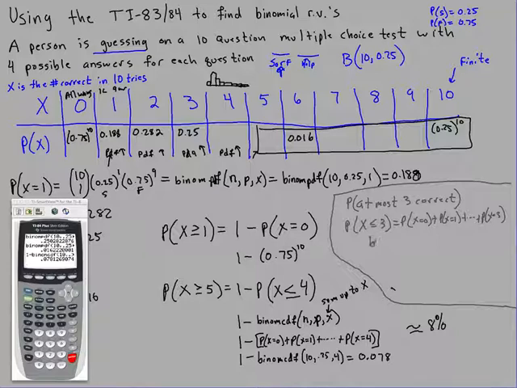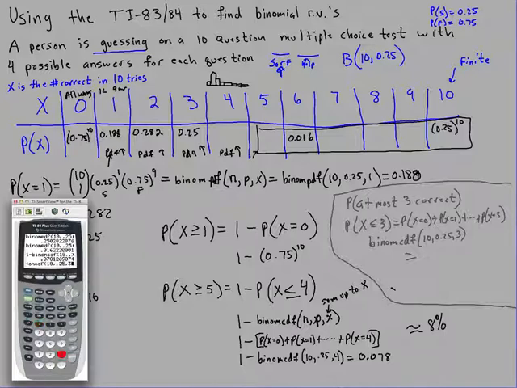So this is going to be binom CDF 10, 0.25 and 3. And you guys can mess around with these things and prove to yourself that this is it, because you could just add all these and then do what I'm about to do, and you will see that they equal each other. 10 comma 0.25 comma 3.